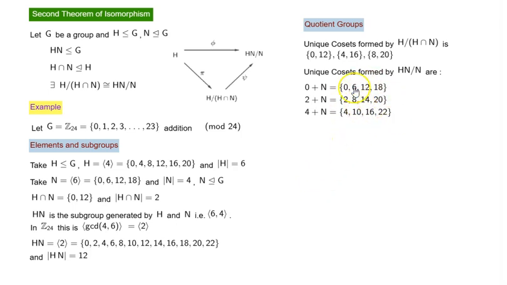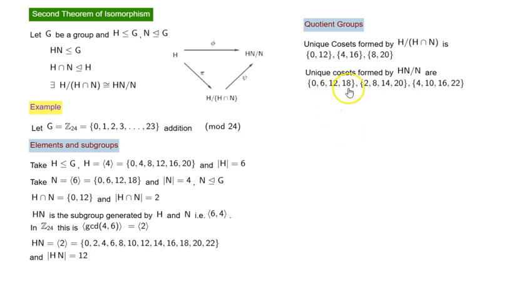So these are the 3 unique cosets formed by HN by N: {0, 6, 12, 18}, {2, 8, 14, 20}, {4, 10, 16, 22}. Now notice that each coset of HN by N is a subset of HN.